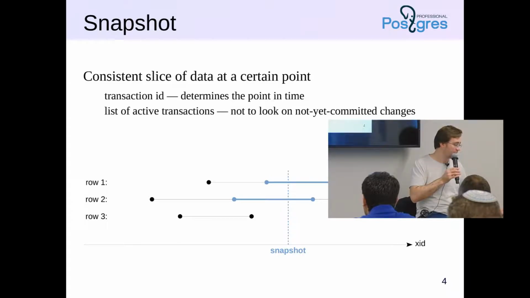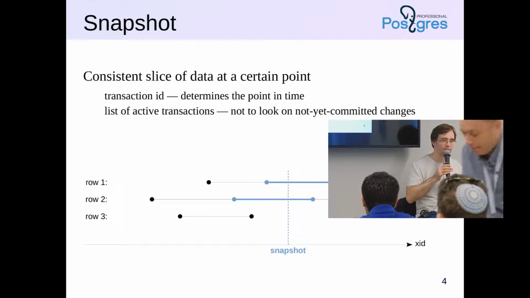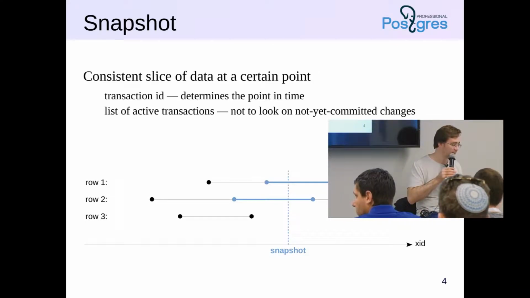How do we do this? We use what are called data snapshots. When you execute a statement, it must construct its snapshot, which contains consistent data as of some time when you run this query. Here it is shown by the dashed vertical line.